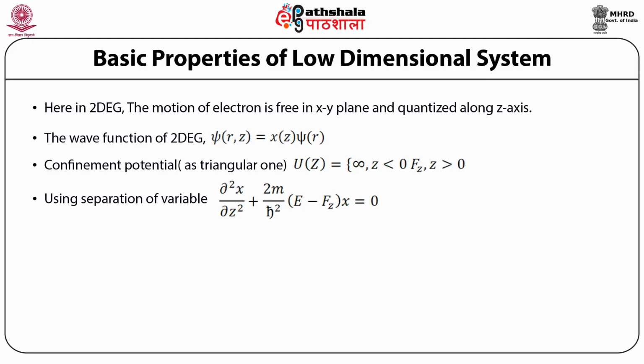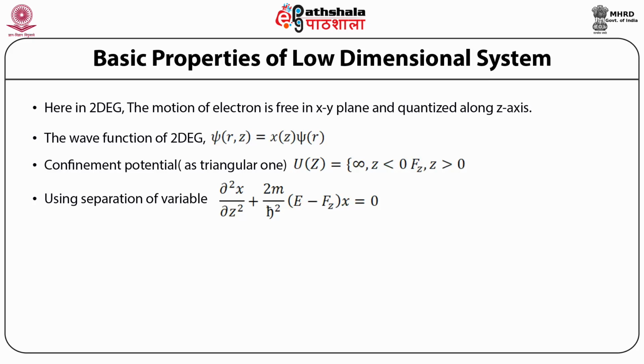Now let us consider a dimensionless variable, ζ = (z − E/F) multiplied by (2mF/ħ²)^(1/3).